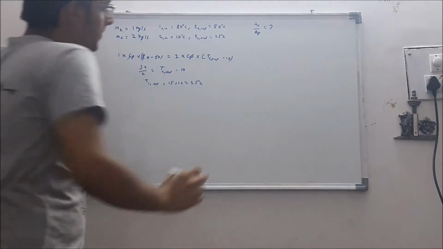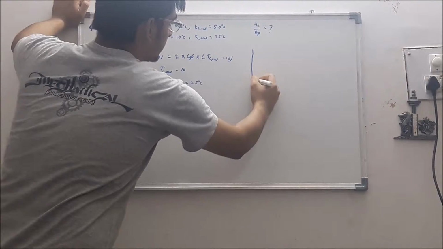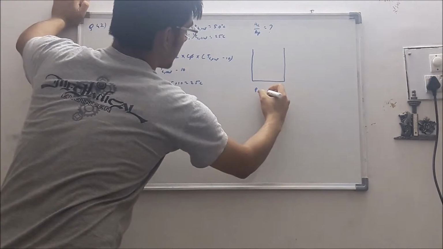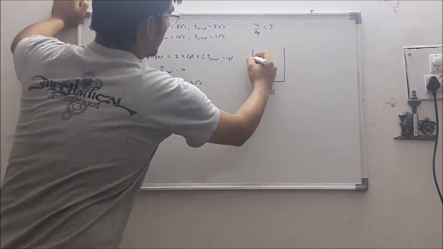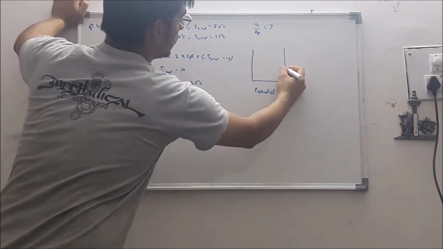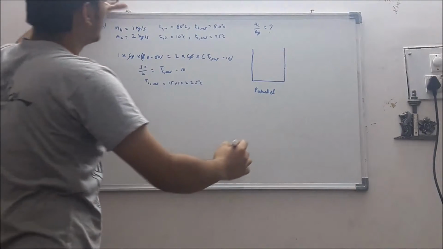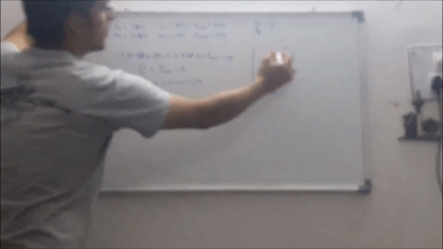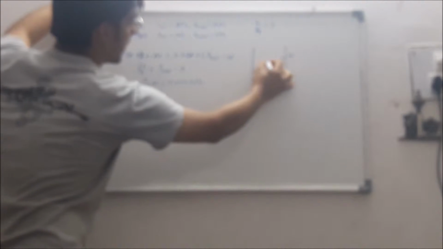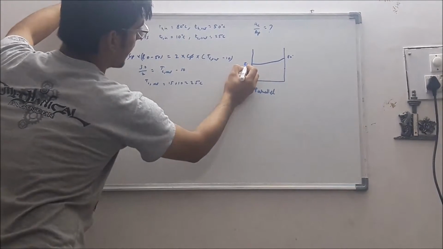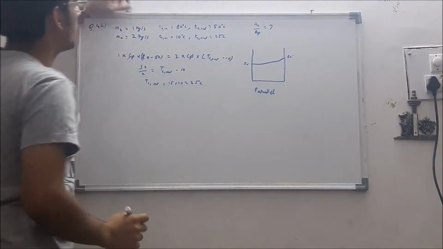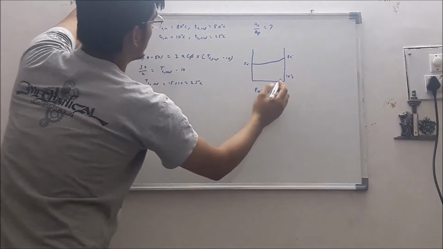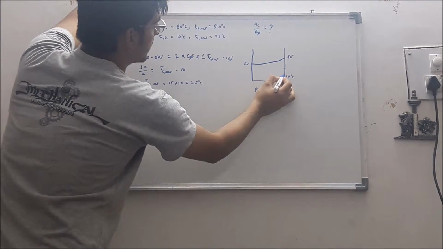Now let's draw the graph for both of them, parallel flow and counter flow. For parallel, this is inlet, so hot water inlet is at 80 degrees and its outlet is at 50 degrees, and cold water's inlet is at 10 degrees and outlet at 25 degrees.